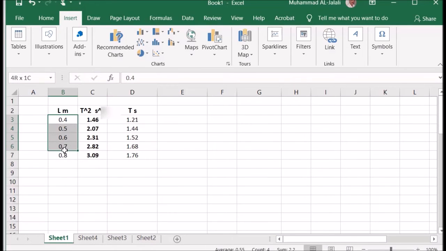Press at the column of length by mouse and the column of T square.